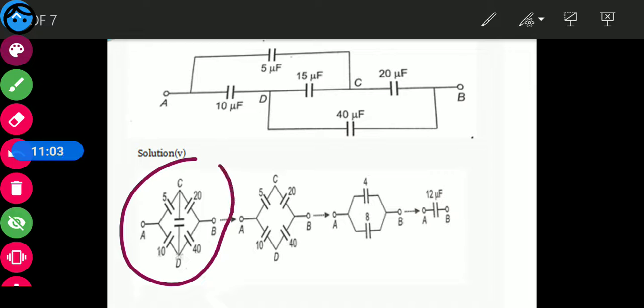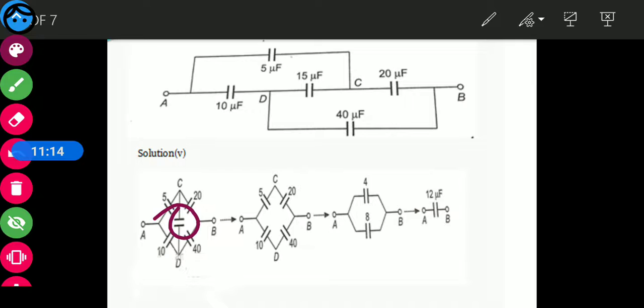This is known as the Wheatstone bridge in the balanced condition. When it is balanced, there will be no current in the arm DC, so we can exclude this capacitor.